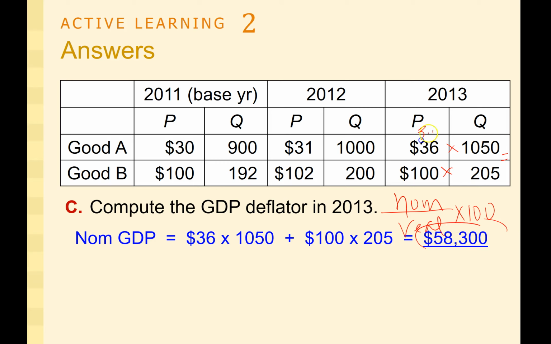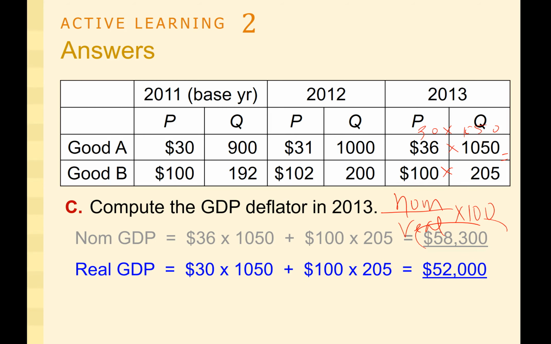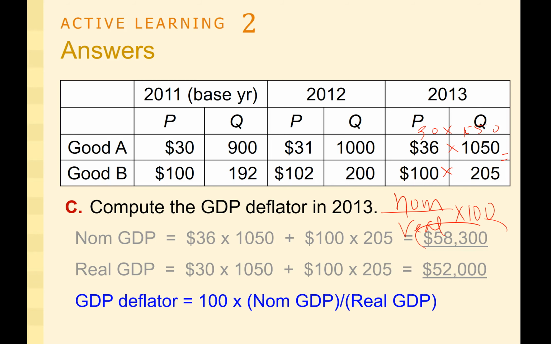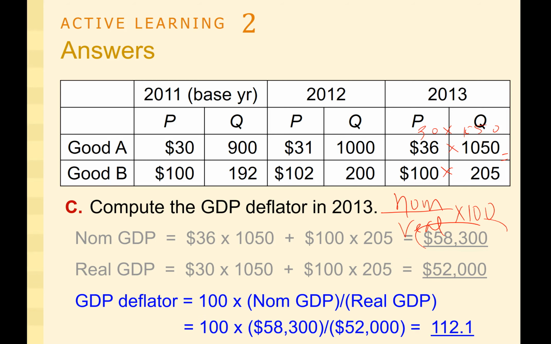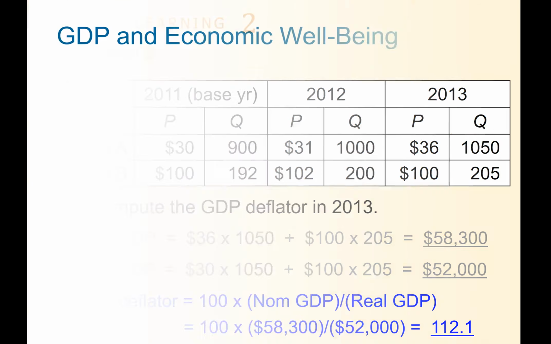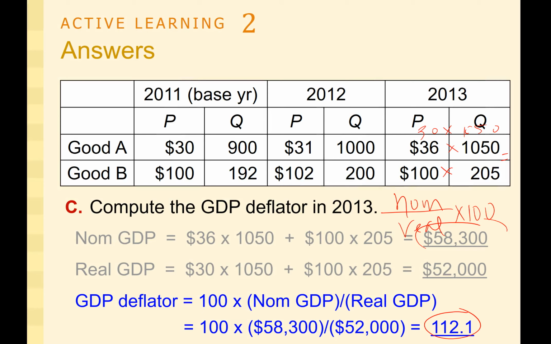So we can do 30 times 1050 and same base price, so 100 times 205. That's going to be our real. So it's going to be 52,000. Then to do our GDP deflator, we're going to put our nominal over our real, multiplied by 100, and that's going to give us 112.1. Now the next part of this is going to ask you to understand the rate of inflation from one year to the next.